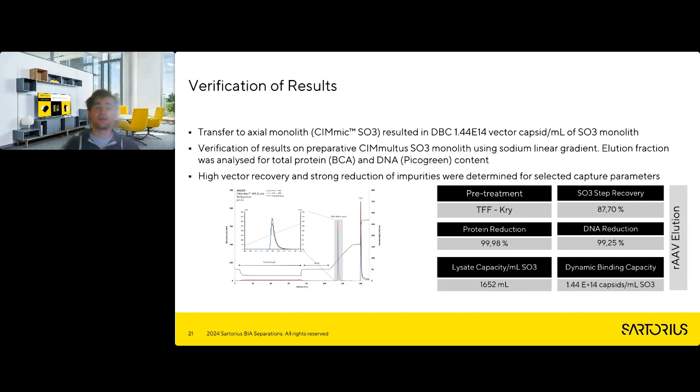So we verified the results, took the best loading buffer, transferred that to our first CMYC disks, then we did a verification on our smallest column, 1 milliliter, with a sodium linear gradient, and we analyzed our fractions for total protein and total DNA content.